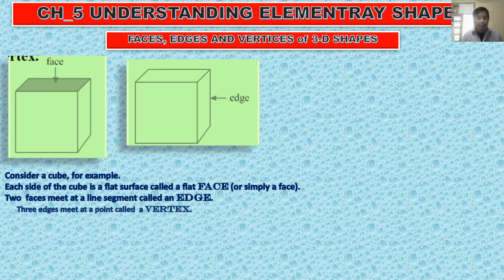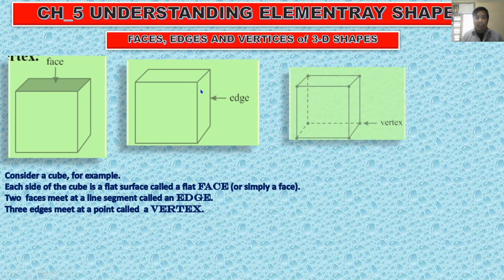And next we have three edges. Okay, three edges are made at a point. You can see one, two, three, one, two, three, one, two, three are meeting here at a point, and this point is called a vertex. Once again, three edges are meeting at a point, and that point is called a vertex.